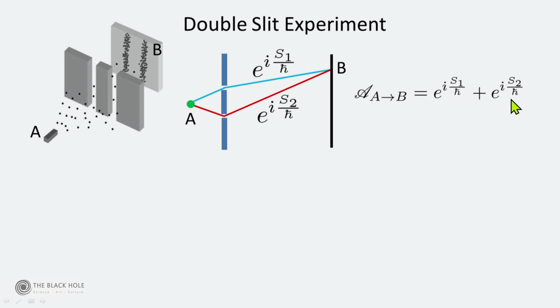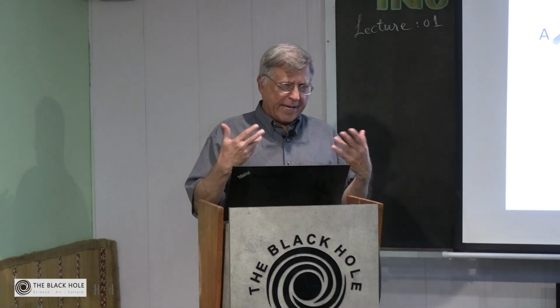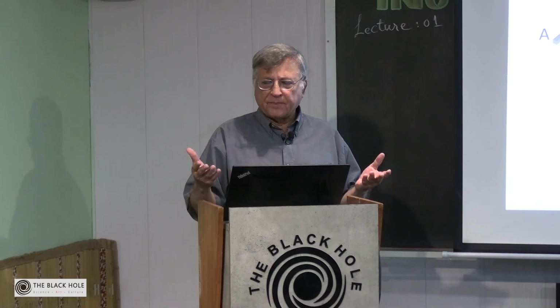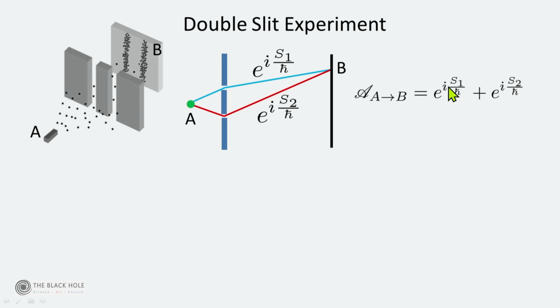Now you know that if you square the amplitudes, you get the probability. If you take the square of this, by which I mean this times its complex conjugate, then you'll get an interference term.